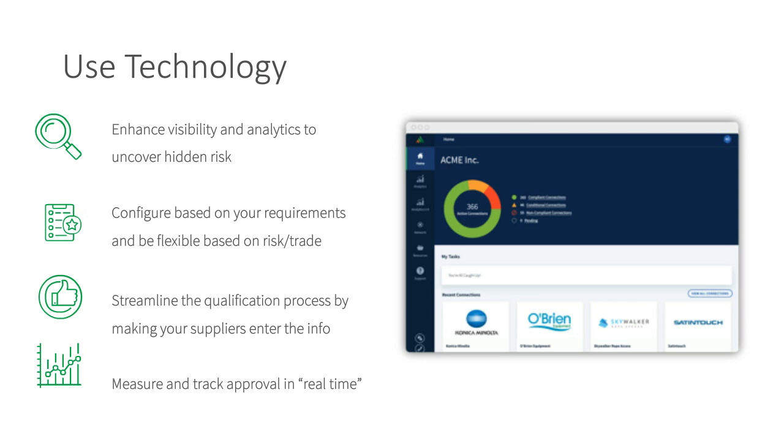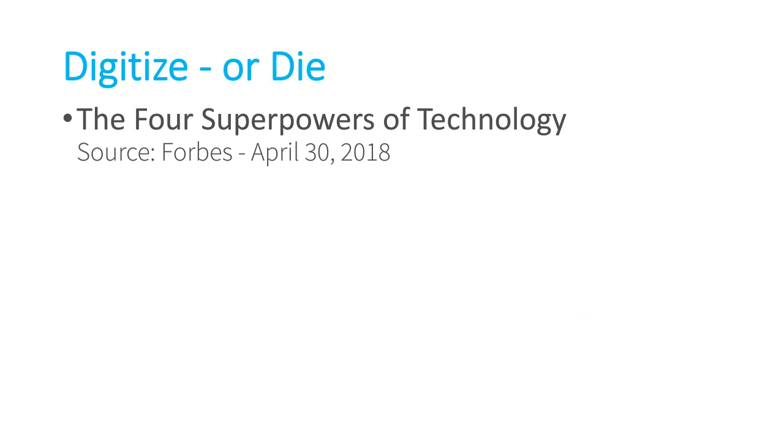There was an article I cut out of Forbes magazine I found a few years ago that I saved, and I applied it in a number of different areas, certainly in my work with Avetta, but elsewhere also. The title was Digitize or Die, and it was called The 4 Superpowers of Technology.